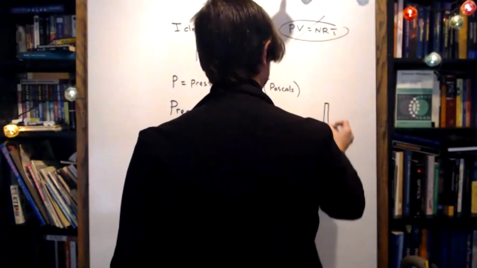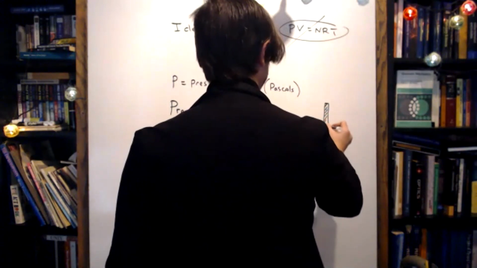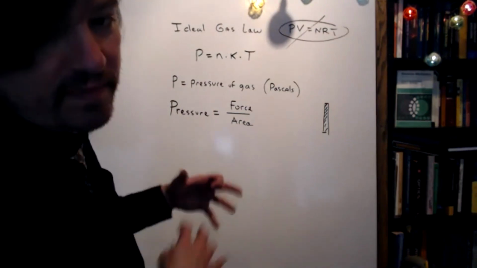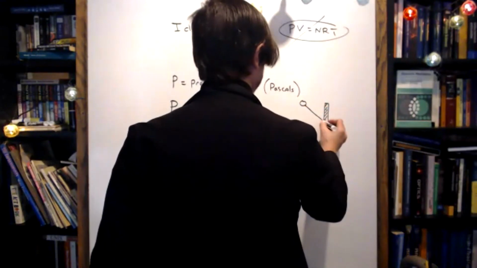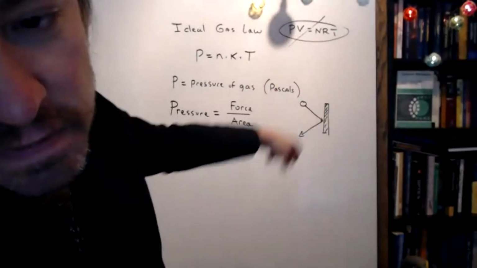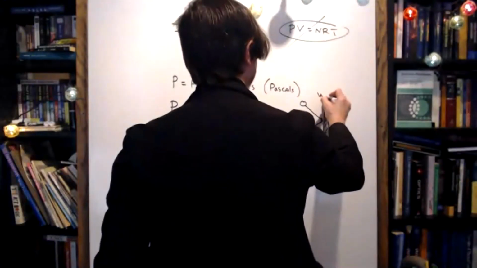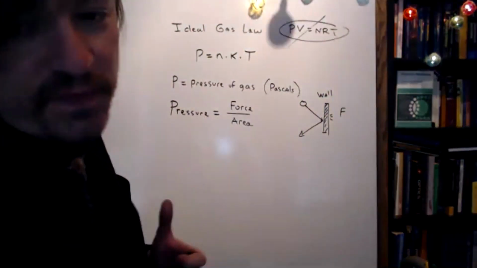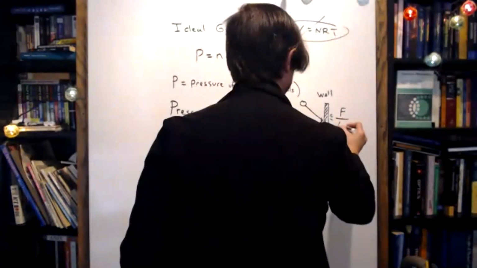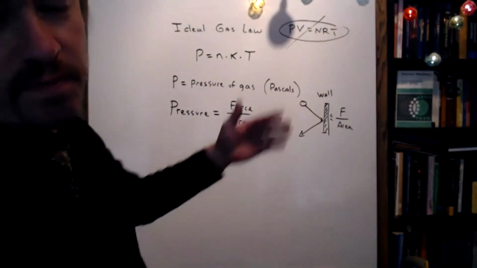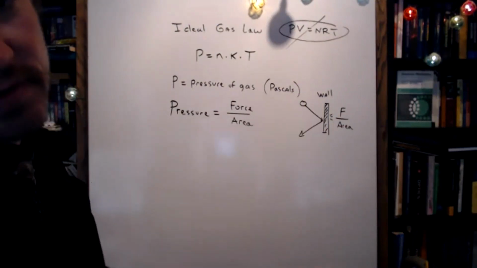If you have a balloon and the balloon is full of gas, the pressure on the inside of the rubber membrane that makes up the balloon is the force of the gas particles colliding with the walls of the balloon and bouncing off. As the gas particles smash into the wall, they deliver some kick or some force per unit area, per patch of rubber. And the force per unit area is the pressure on the inside of the balloon.